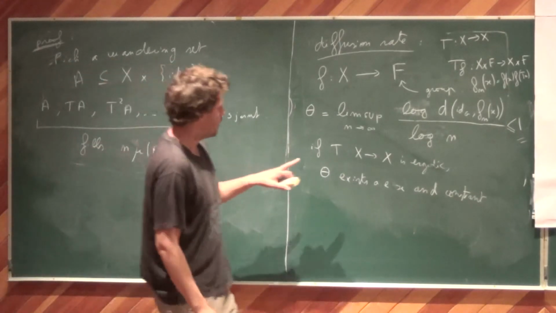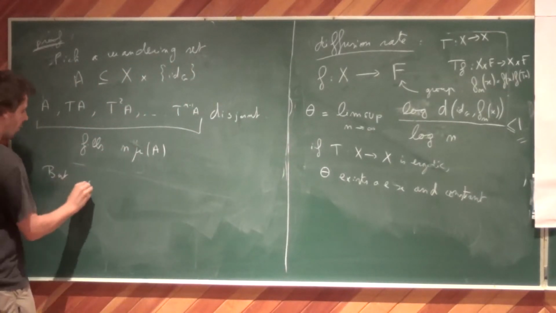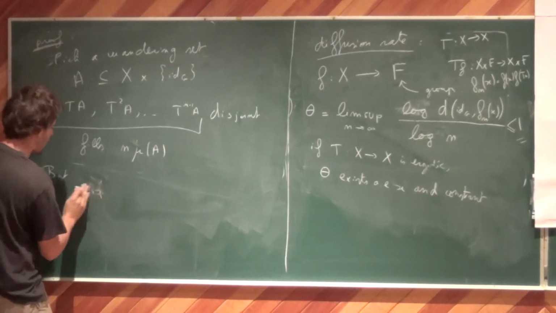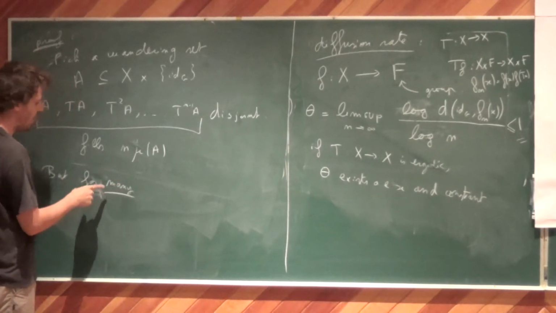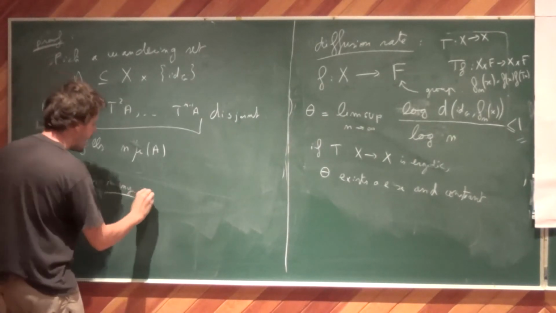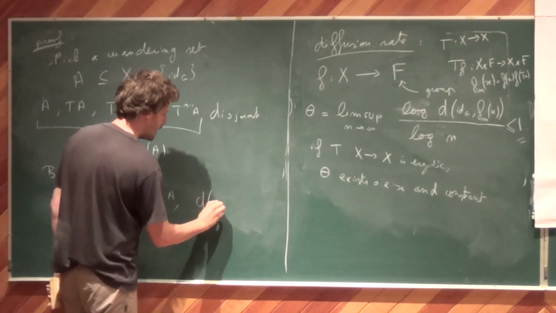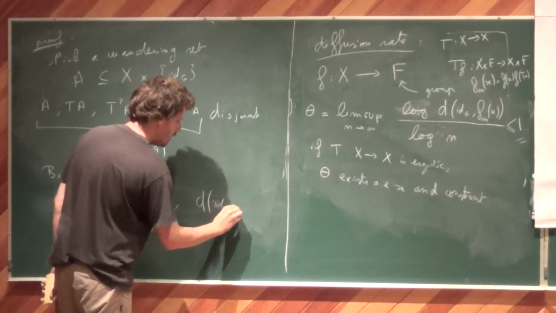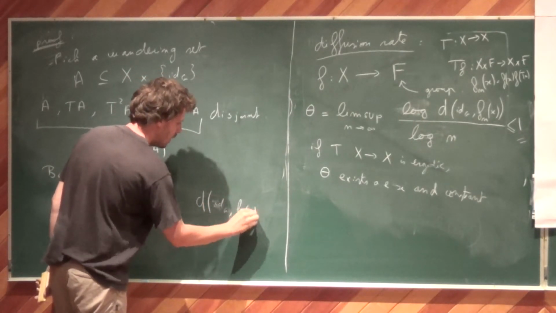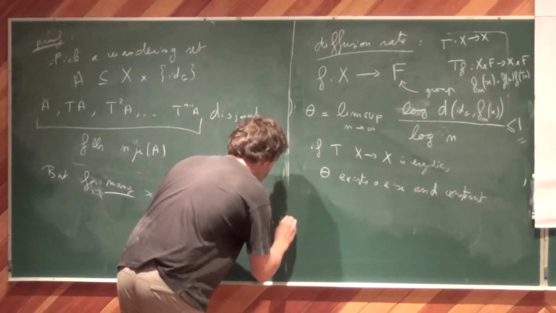But because you have this equality here, and you have to take care about the quantifier, for many x that belong to A, the distance from the identity in the fiber to F_n of x is smaller than n to the power theta.